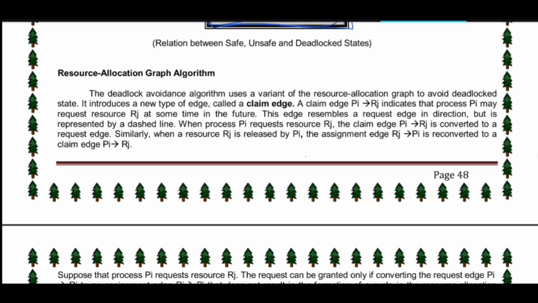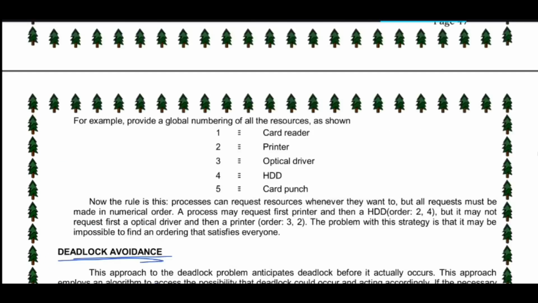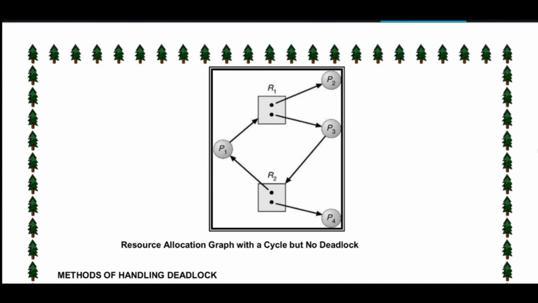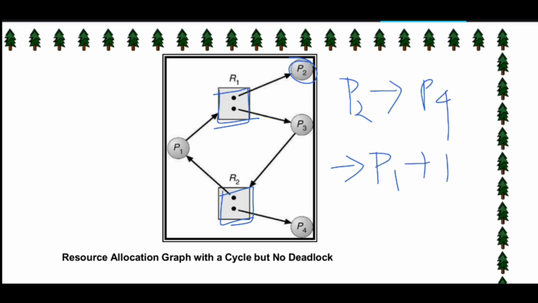Simply, a system is said to be in a safe state if there is a safe execution sequence. In this graph I am writing the safe sequence: we first execute P2, or we can also execute P4, then P2 and P4 are free, then P1, then P3.